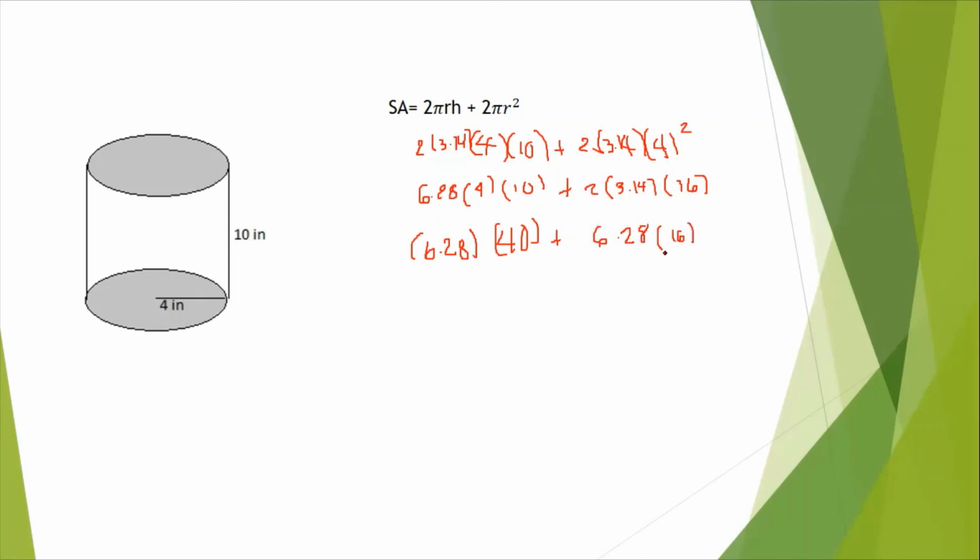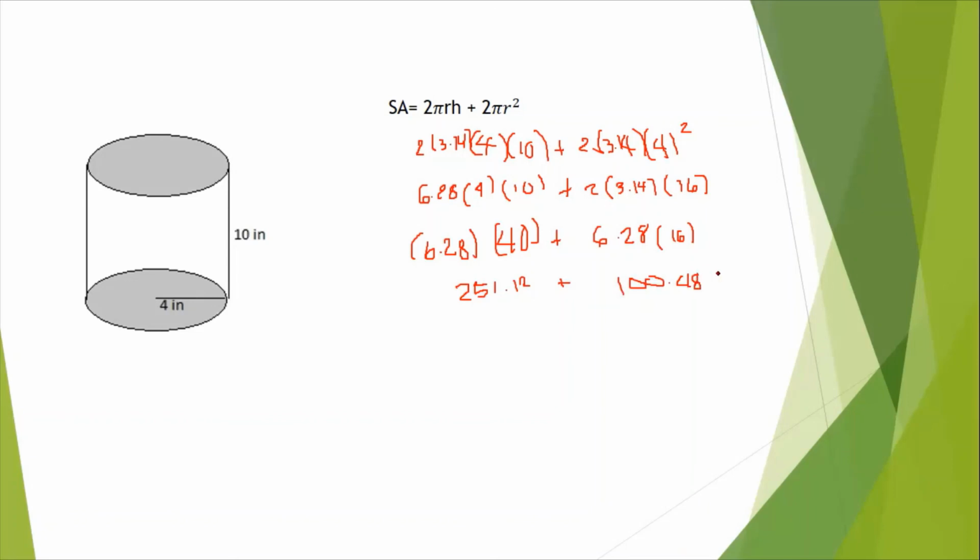Okay, so this time 6.28 times 40, the answer is 251.2, and the other one here, 6.28 times 16, the answer is 100.48. So let us now add.